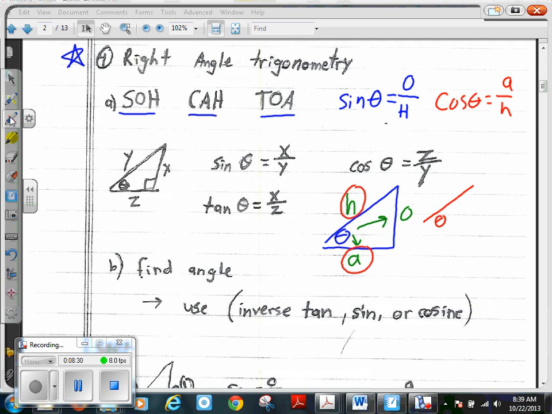Because if I had a triangle like this, there's going to be a ratio of sides, right? As long as it's a right triangle, if I have the same theta and I make my triangle bigger, the ratio of the sides is exactly the same. Or, if I make it even bigger, the ratio of the sides is still exactly the same.